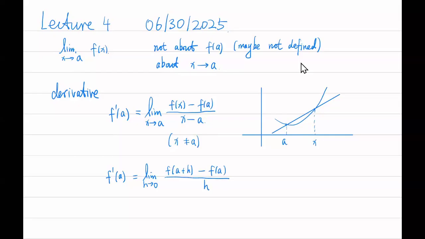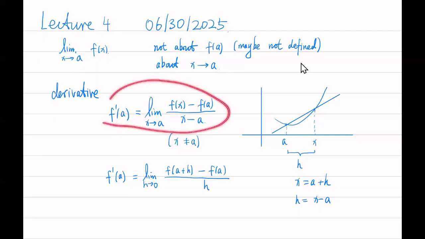Here, this size will be H, so X equals A plus H. So we emphasize, they are equivalent. The only difference is whether we emphasize the point itself or the displacement H.